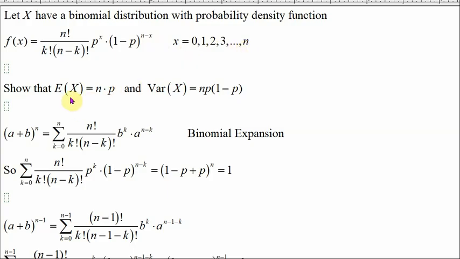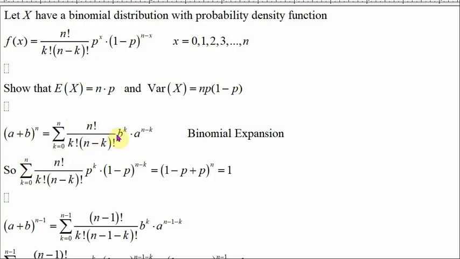So now I'm going to show that the expected value of the random variable x is going to be n times p. And recall that the binomial expansion for a plus b to the n is this sum right here, where k runs from 0 to n.